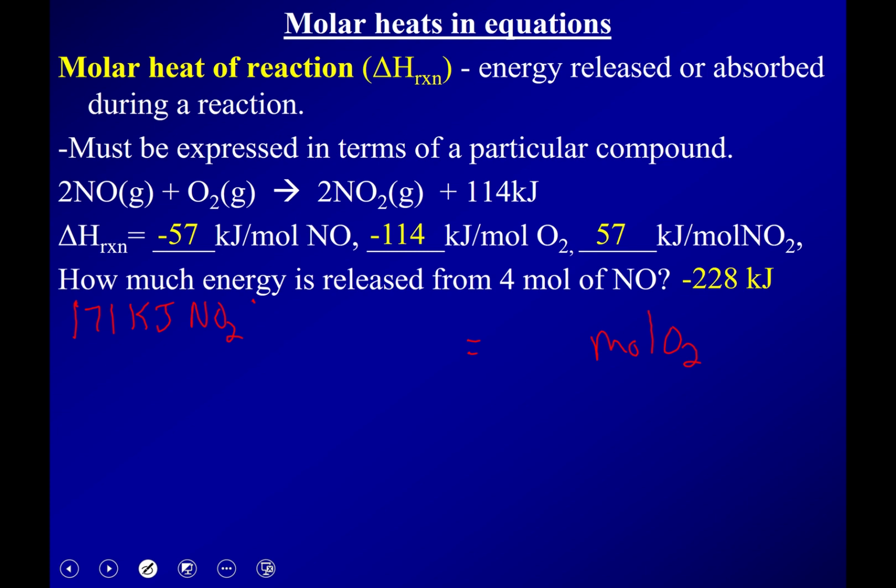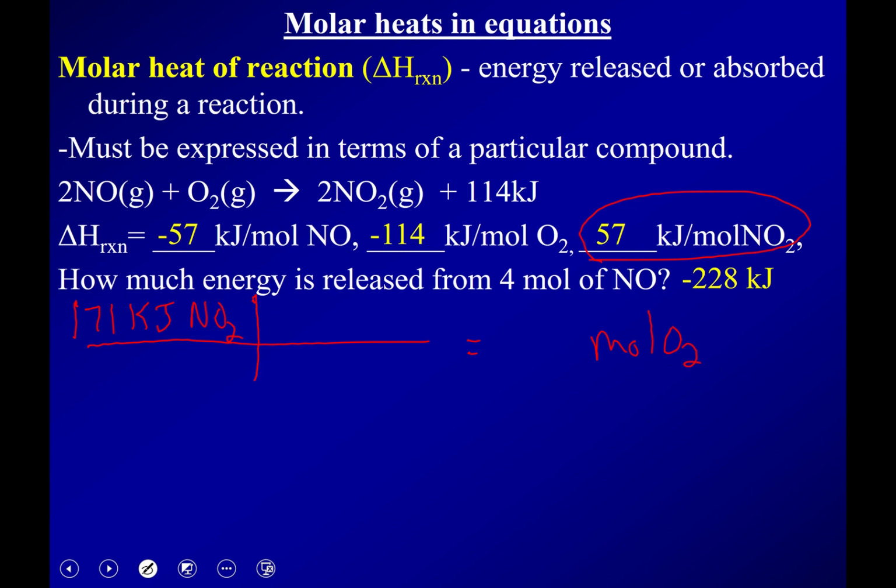Well, we're going to set ourselves up with a conversion factor. We need to find our moles of NO2, and that's the one we're going to use right there. So now what we need to do is decide which of those two goes on the bottom, 57 kilojoules or 1 mole of NO2.